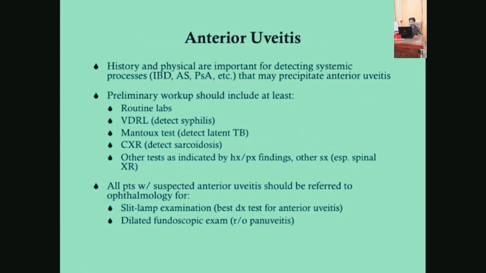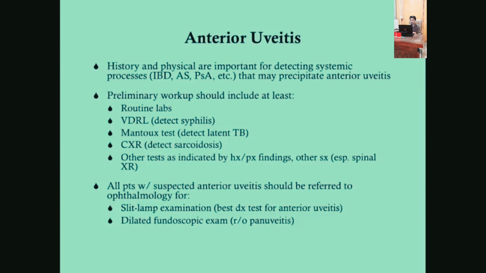So when you're coming to a diagnosis, the history and physical are going to be important because some of the processes that lead to anterior uveitis are systemic, like inflammatory bowel disease, where the patient may complain of abnormal bowel habits, diarrhea, blood in the stool; ankylosing spondylitis, where the patient may complain of stiffness in the back; psoriatic arthritis, where you have recurrent skin lesions.